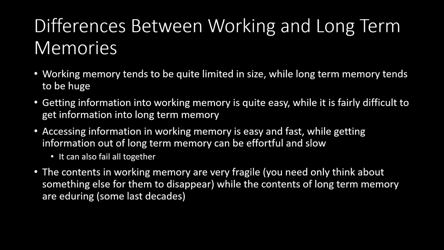On the same note, it is very easy to access information in your working memory, and this is largely because it is the information you're actually thinking about right now, and so it is easy to think about. But information being pulled out of long-term memory is a little bit trickier. While in our subjective sense it is maybe not the most difficult to remember some of our most cherished childhood memories, it can sometimes be difficult to remember certain things, and many of us have had the experience of, I know this, I just can't remember.